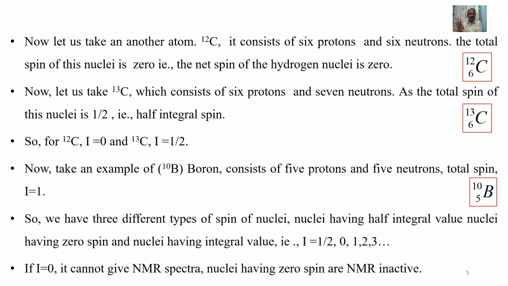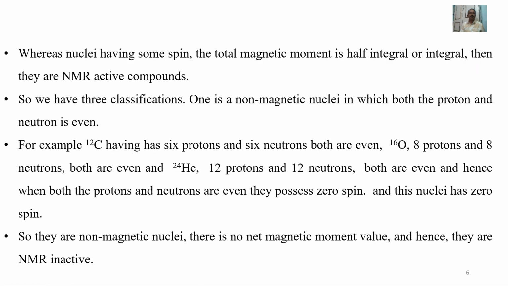So totally we have three different types of spin. If I equals 0, it cannot give NMR spectra. Nuclei having zero spin are NMR inactive. Whereas nuclei having some spin, the total magnetic moment is half integral or integral, then they are NMR active compounds.